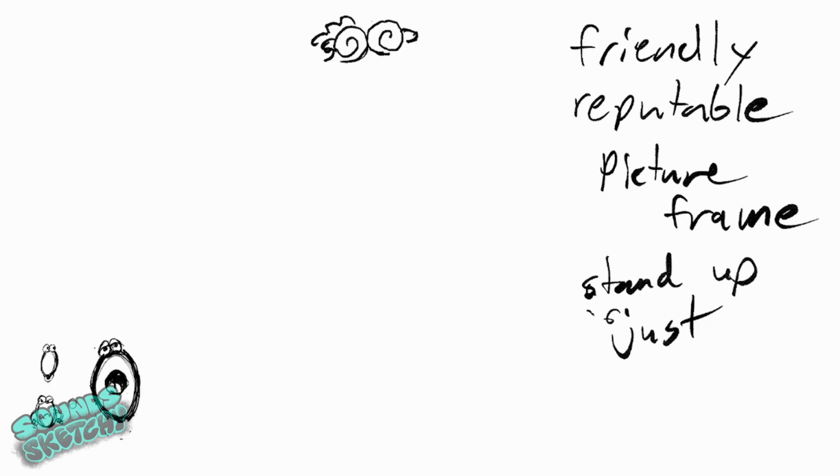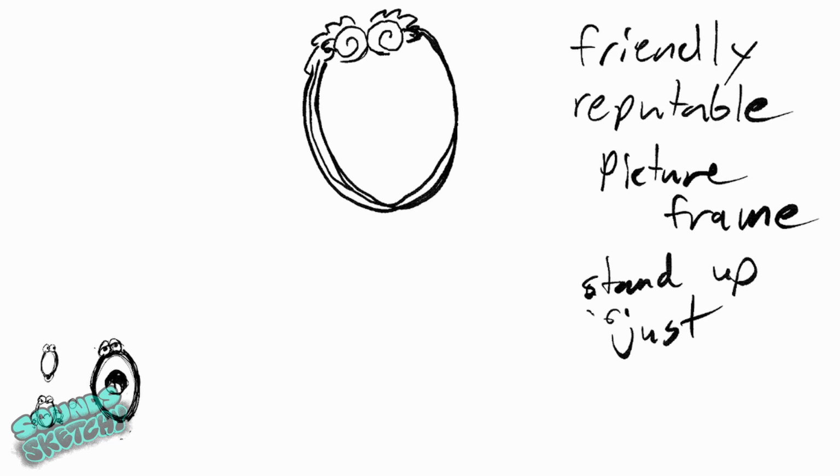Okay, here we go. This will just be a little quick rough. Here we go. So now we've got our circular frame. Reputable. So reputable doesn't necessarily mean it has to be like a hero. It could just be like, maybe it's a wise old mirror, right?